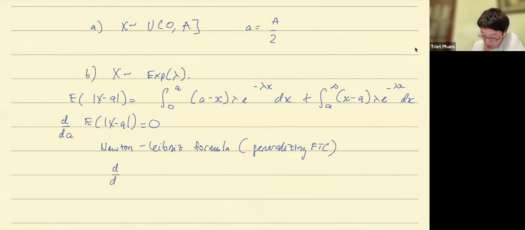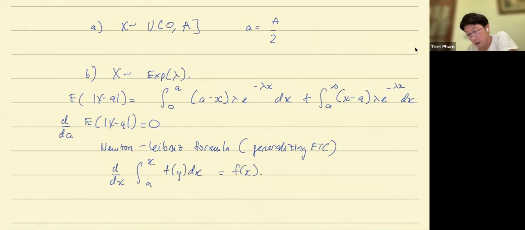It says that if you differentiate with respect to x an integral, then it's just the integrand plugged in at x. So pretty easy to remember. Plug in the upper limit. Oh, sorry, f of y dy.